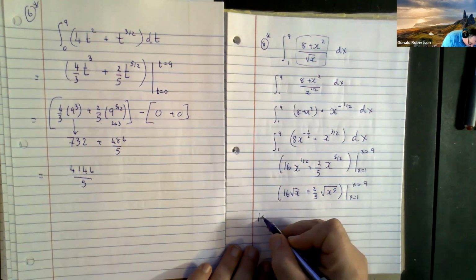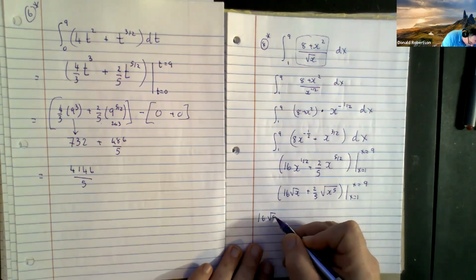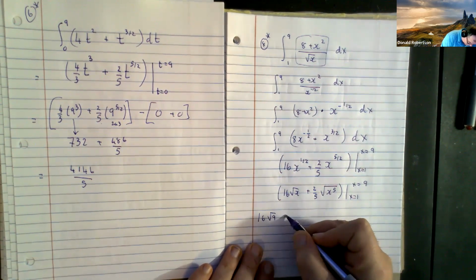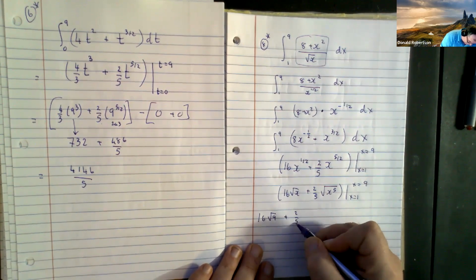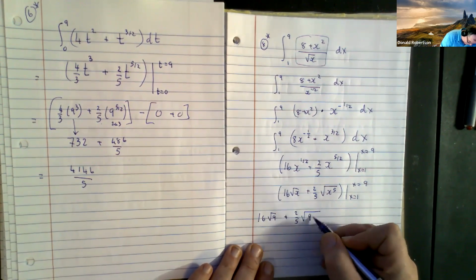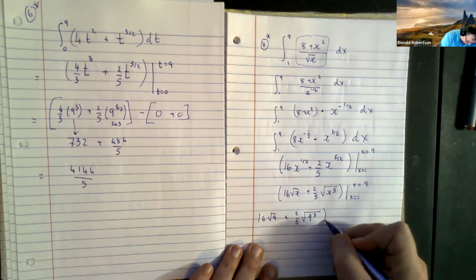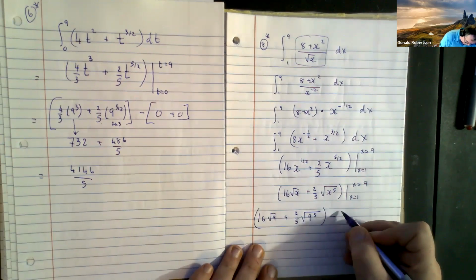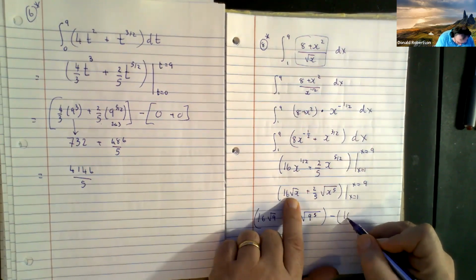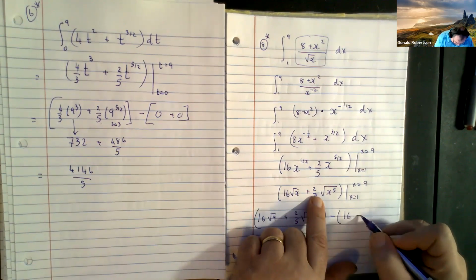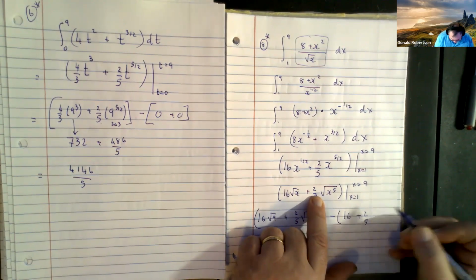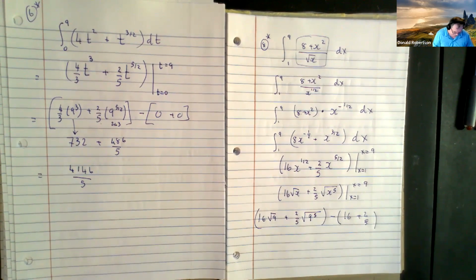So what do we get? We get 16, the square root of 9, plus 2/5, the square root of 9 to the power of 5. Take away 16 square root of 1 is just 16, and 2/5 square root of 1 to 5 is just 2/5.